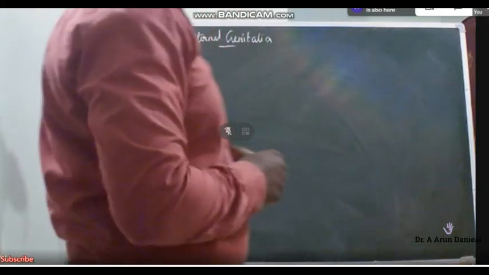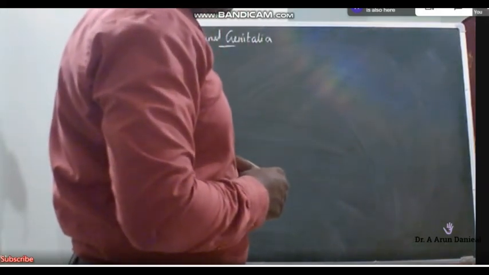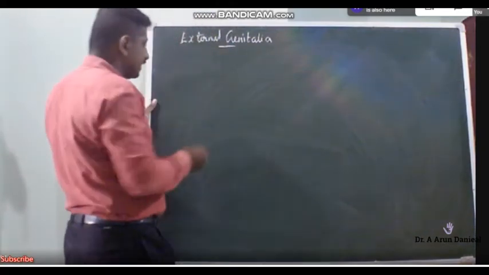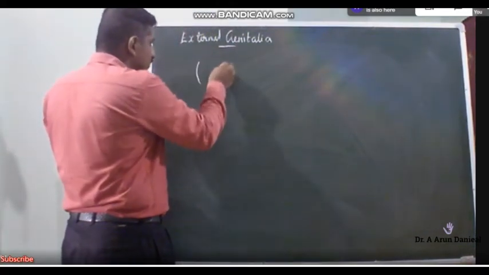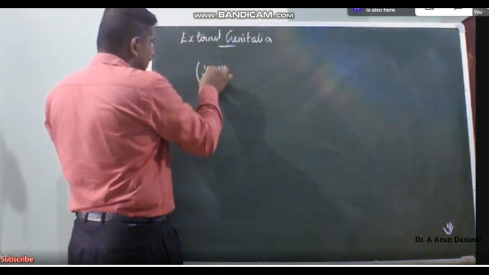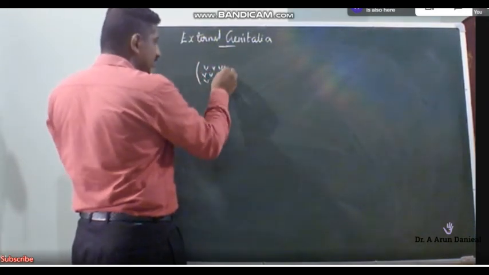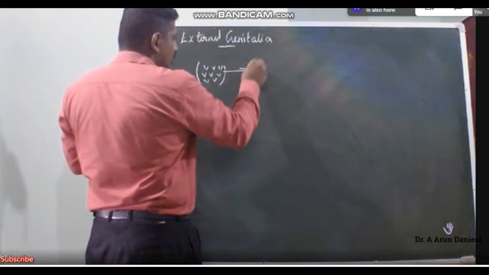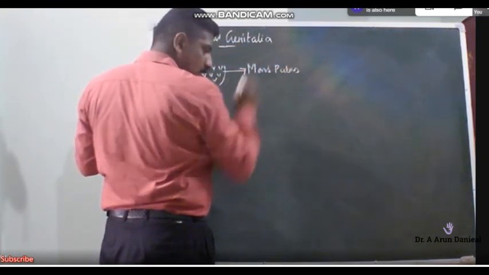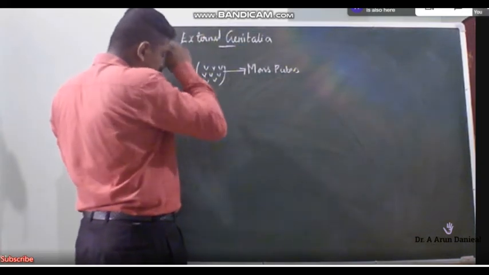The next part that we are going to focus on is the external genitalia. They have a hair-covered cushion-like fashion, made up of cutaneous and fatty layers. This one is called the mons pubis.